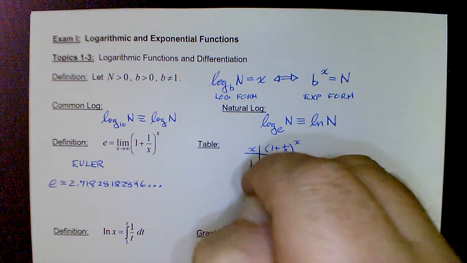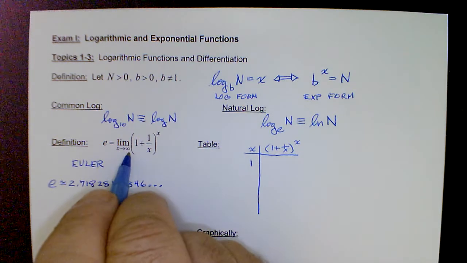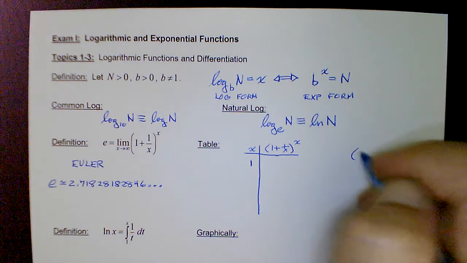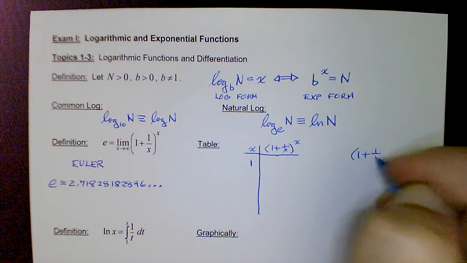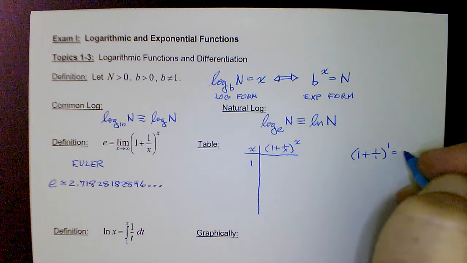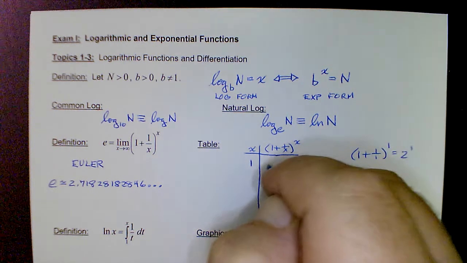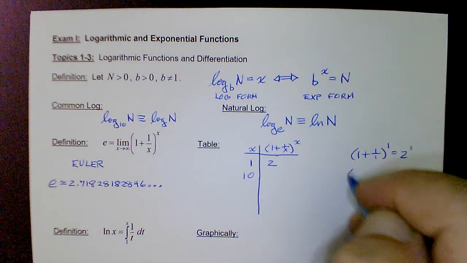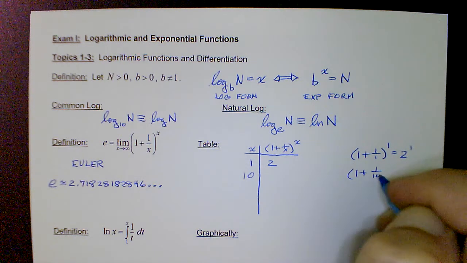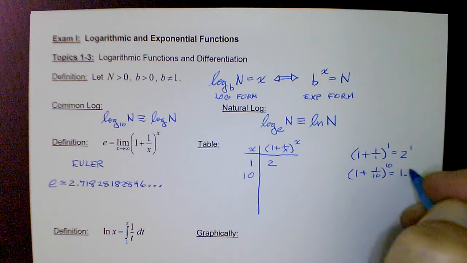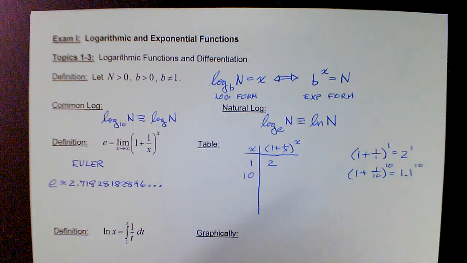If you start with 1, which is kind of silly because we've got to go to infinity, but if we plug in a 1, we get 1 plus 1 over 1 raised to the first, and that would be 1 plus 1, which is 2 to the first, or just simply 2. Alright, let's jump up to 10, so that would be 1 plus 1 over 10 raised to the 10th, so that's 1 and 1/10, or 1.1 raised to the 10th.